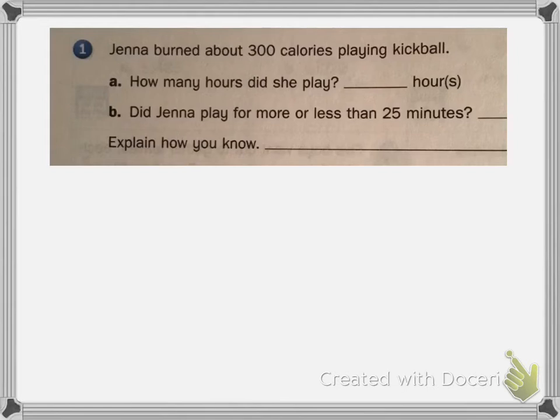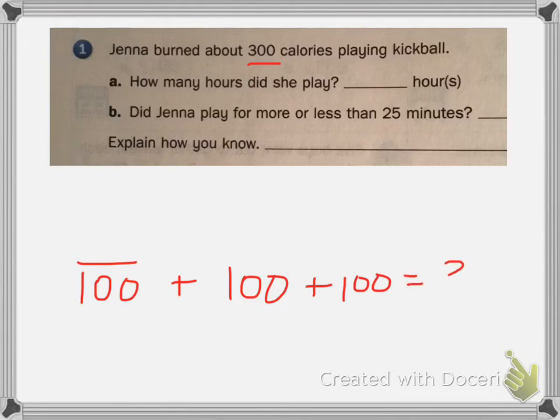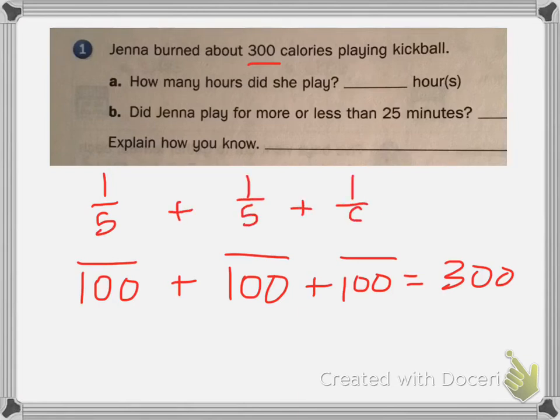So if she burned 300 calories, that means that she did it 3 times, because 100 plus 100 plus 100 gives me 300. Now each one of those 100 calories took her how long? Well, 1/5 of an hour. So each 100 is 1/5. So 1/5 plus 1/5 plus 1/5 is 3/5.